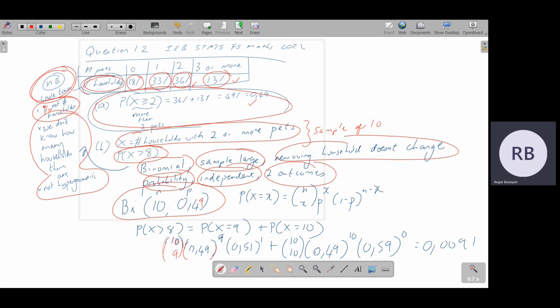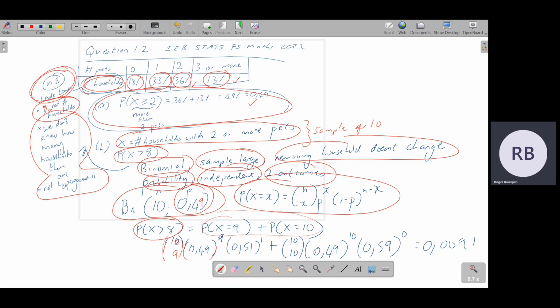If you're taking 10 households out, the probability that a random household has 2 or more pets is 0.49. So n is 10, p is 0.49. We're going to be using this formula over here. To work out the probability that there are more than 8 households from the 10, well, more than 8 is 9 or 10.